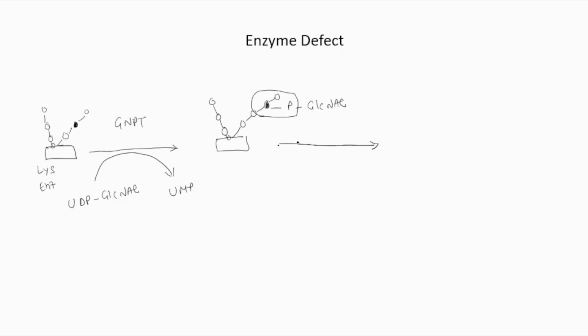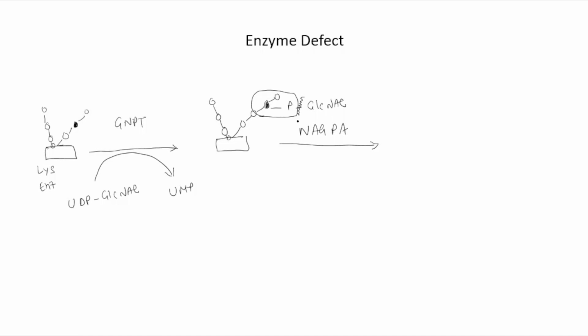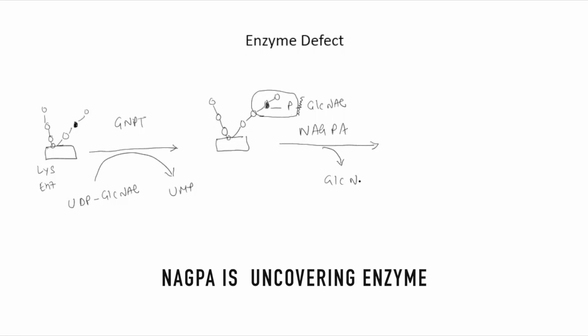Now the second enzyme will come into play, which is known as NAGPA. NAGPA stands for N-acetyl glucosaminidase. It basically breaks this phosphodiester bond between the phosphate group and the N-acetyl glucosamine, releasing this N-acetyl glucosamine from the structure.